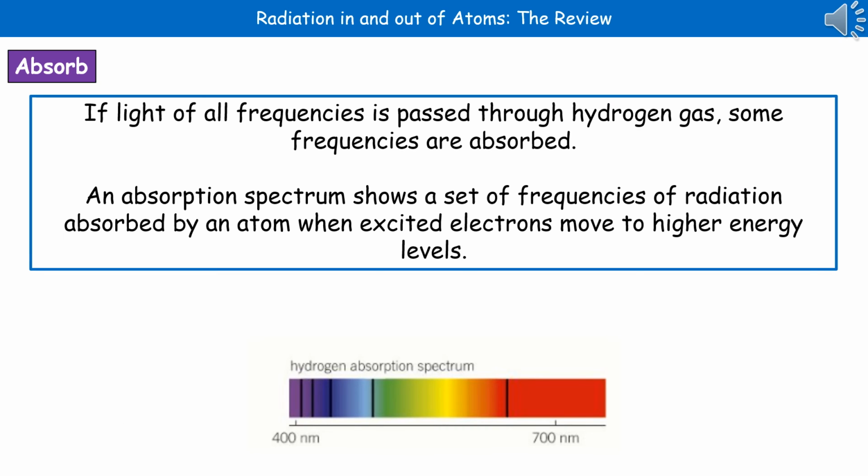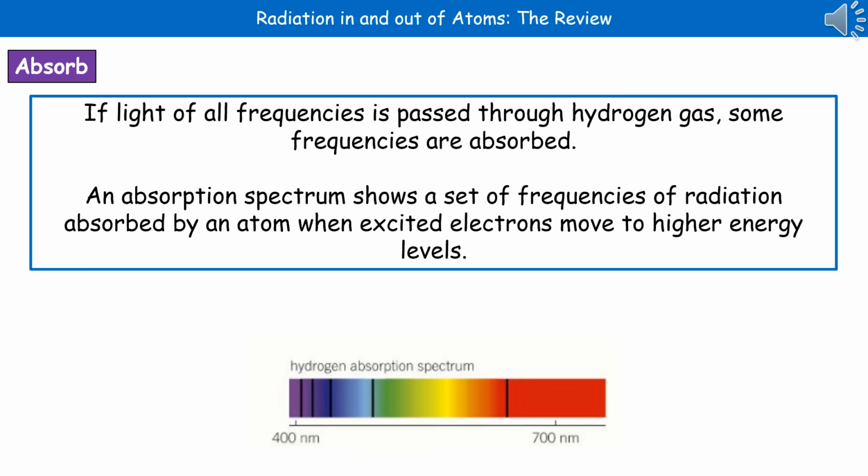When we think about what this really means, one of the key things we get from this principle is something called an absorption spectrum. If we pass light of all frequencies through a gas, then some frequencies will be absorbed. What we end up with is this picture at the bottom, and this is the one for hydrogen.